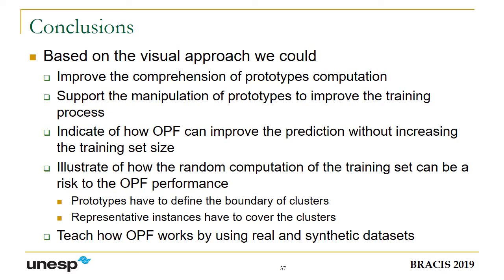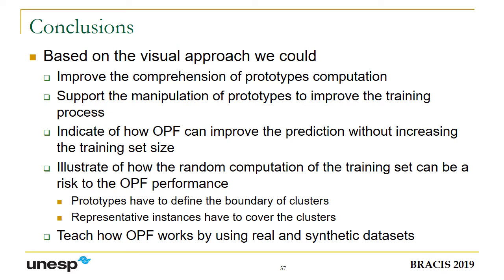Based on that, we show how to improve the choice of prototypes. We can impact the prototype identification, and with this manipulation supported by the bidimensional visualization, we can improve the training process by selecting new prototypes to better define the boundary of the clusters. We indicate how OPF can improve the prediction without increasing the training dataset.